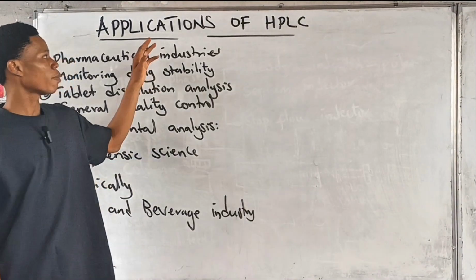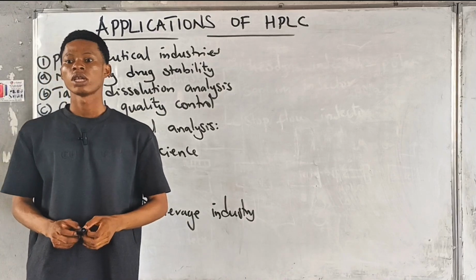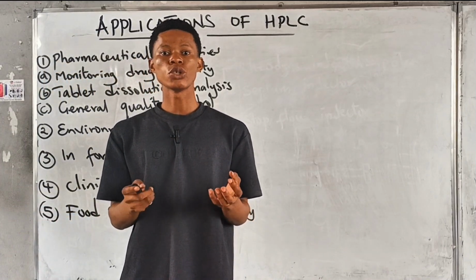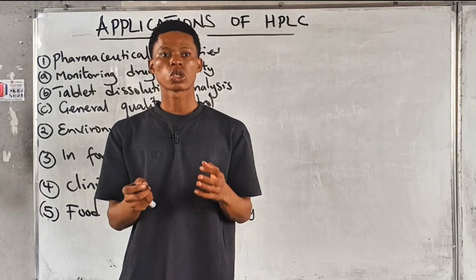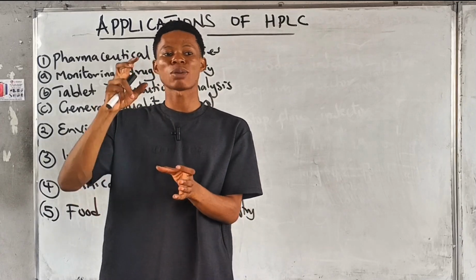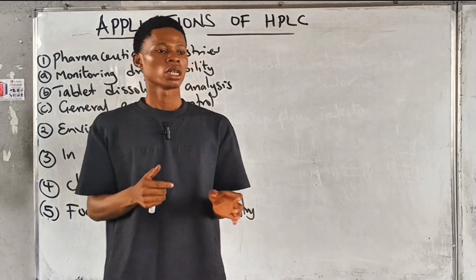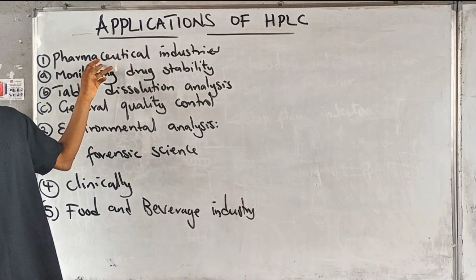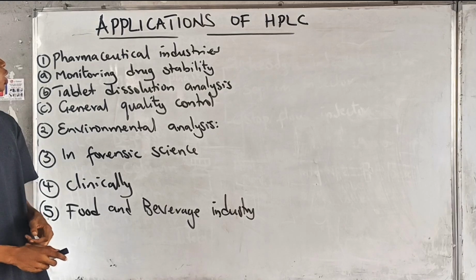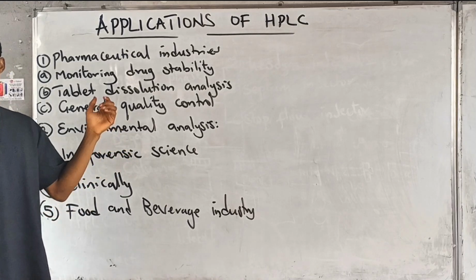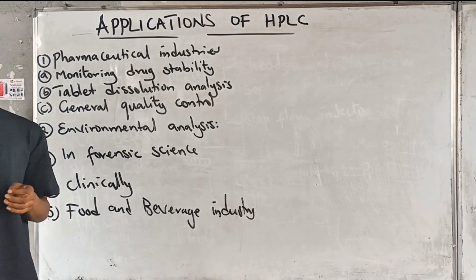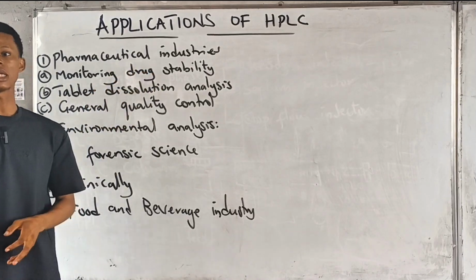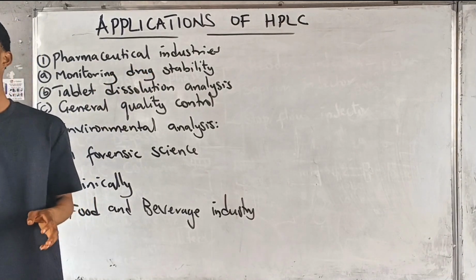Let's look up applications of HPLC. Now we've seen that HPLC is used in separation, right? So we're actually separating, but now we are separating under high pressure. Now we said that HPLC can be used in pharmaceutical industries, and in the pharmaceutical industry we can use HPLC to monitor drug stability, how stable a particular drug is.